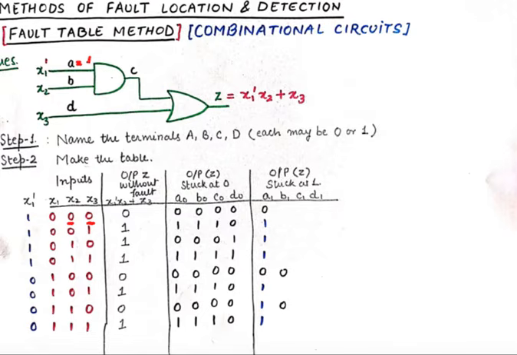Because A is not deterministic, A is 1, so the value of B will come here and D. So B or D will be the output. So just OR these two.